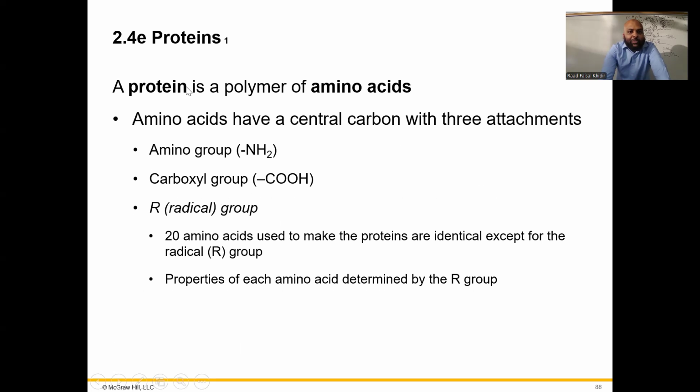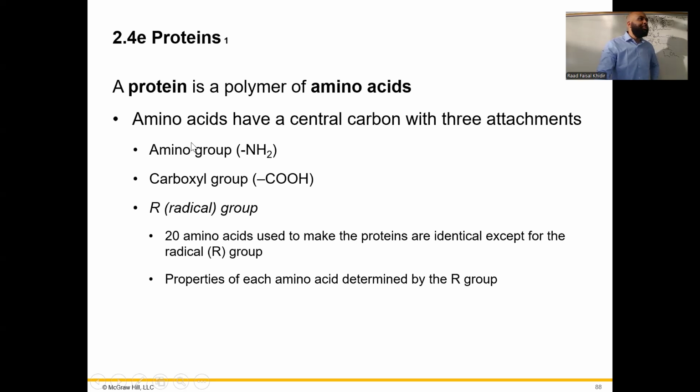Okay, a protein is a polymer of amino acids. So protein has multiple amino acids connected together. Amino acids have a central carbon with 3 attachments.